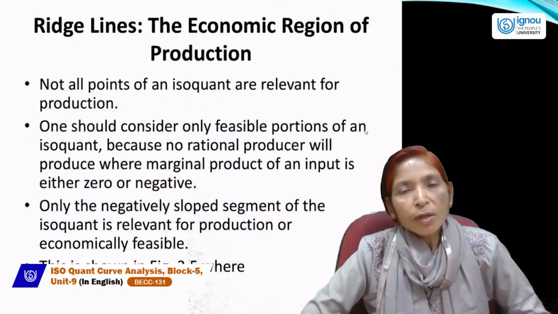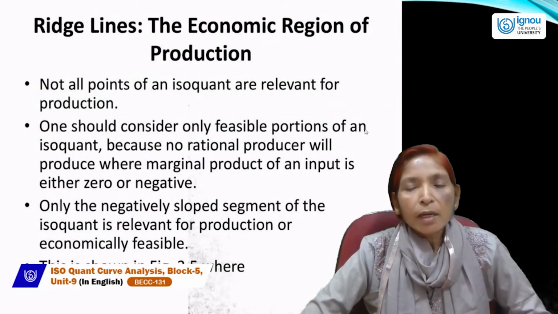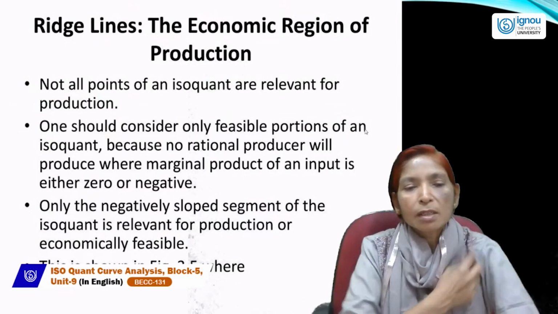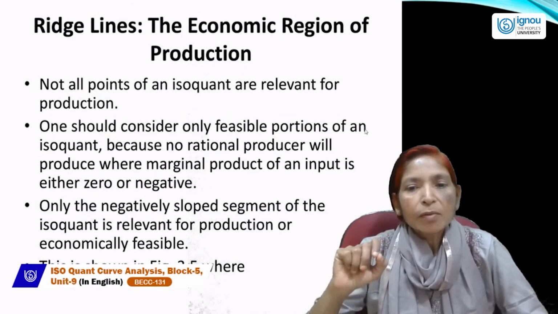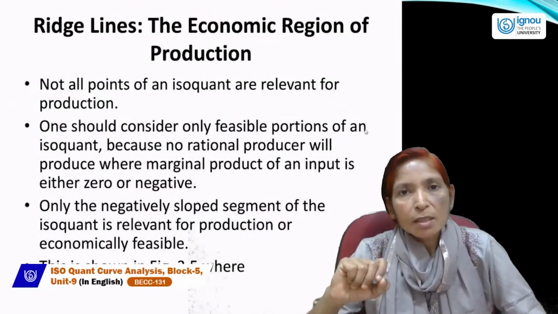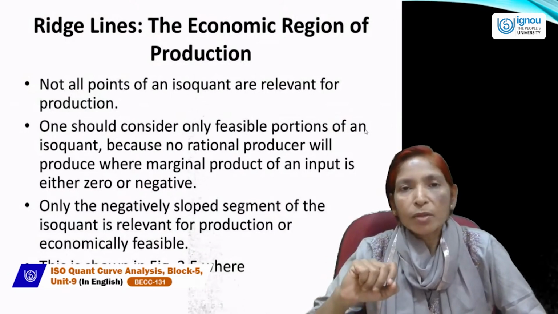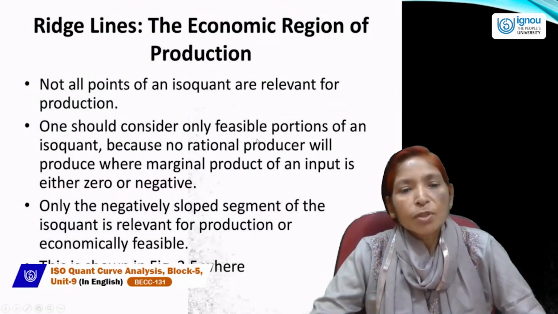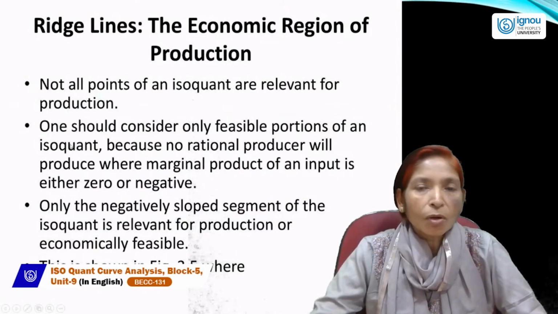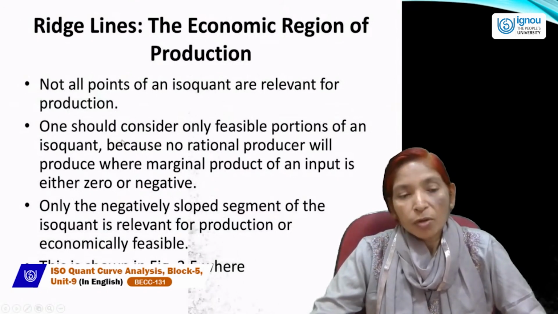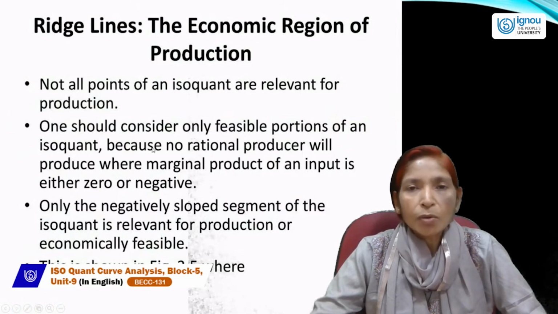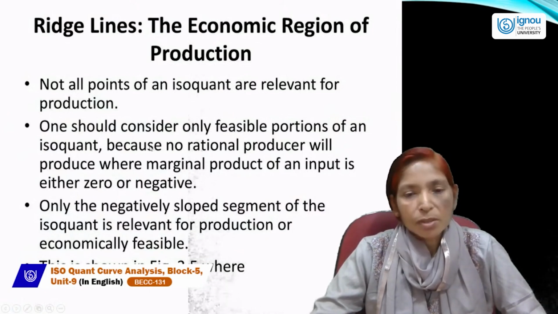Not all points on an isoquant are relevant for production. One should consider only feasible portions of an isoquant because no rational producer will produce where the marginal product of an input is either zero or negative, because a rational producer always wants to produce maximum output at minimum cost.